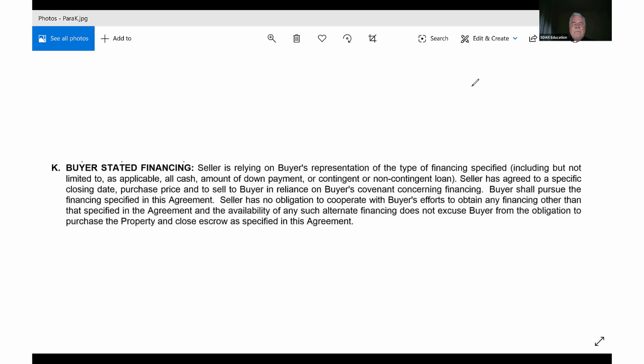And I would recommend that if you want to have a long and auspicious career, 41 years of doing this, tell the truth. I know it sounds obvious, but listen. Including but not limited to, the lawyers wrote that, right? As applicable: all cash, amount of down payment, or contingent or non-contingent loan.